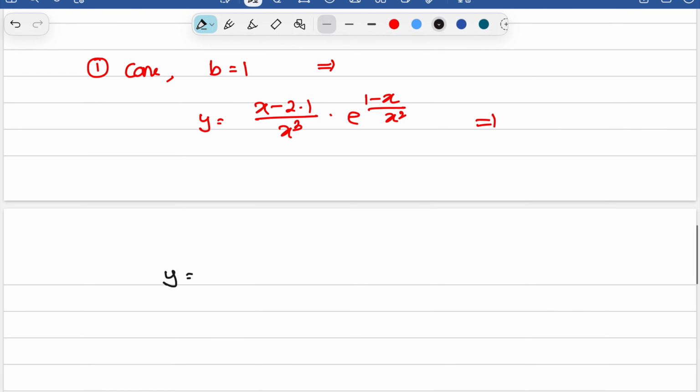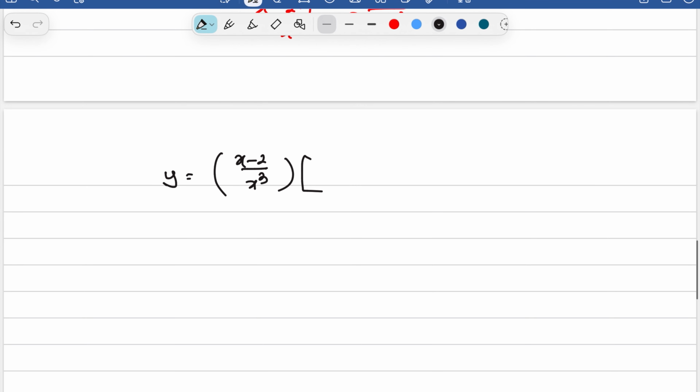That implies y is equal to x minus 2 by x cube into e to the power of 1 minus x by x square. Now, what is the behavior of it? Let us try to find.